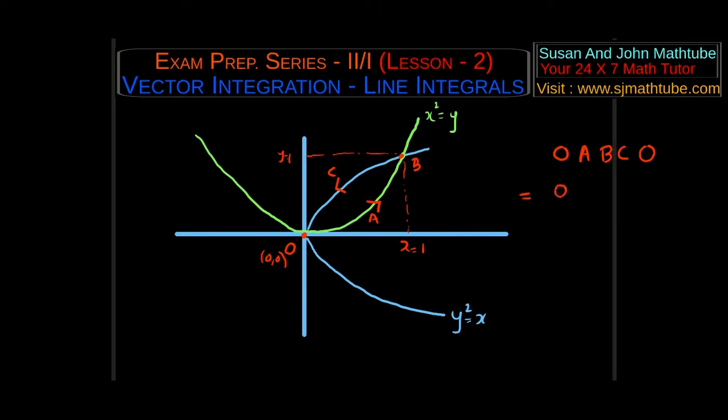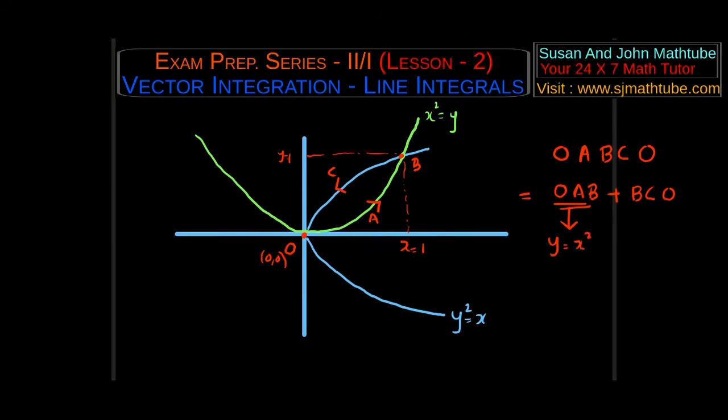The first one is O, A, B, plus the second one BCO.